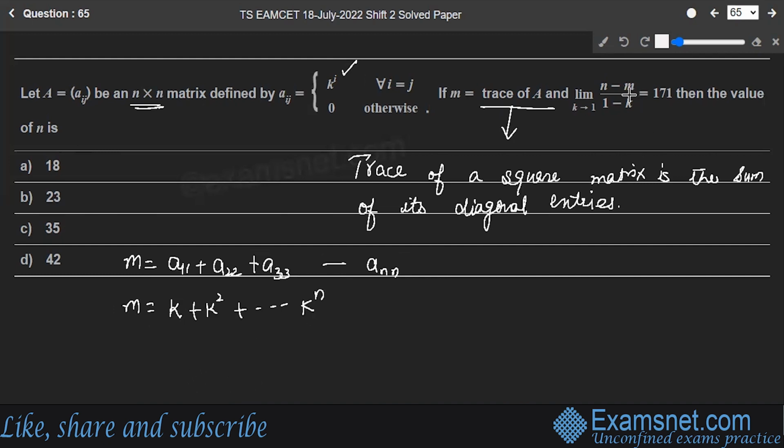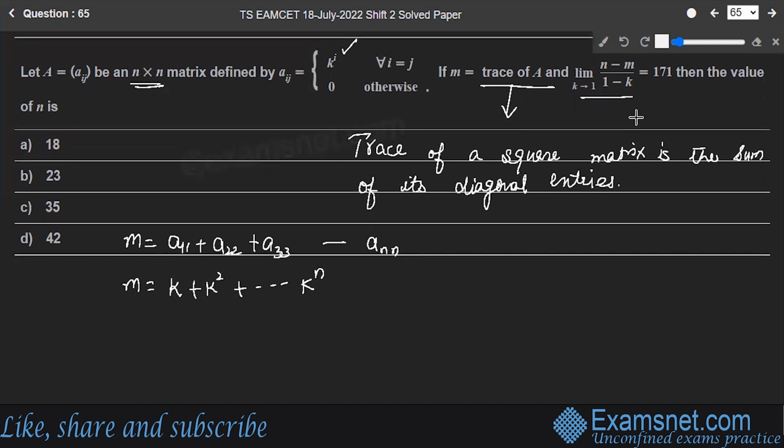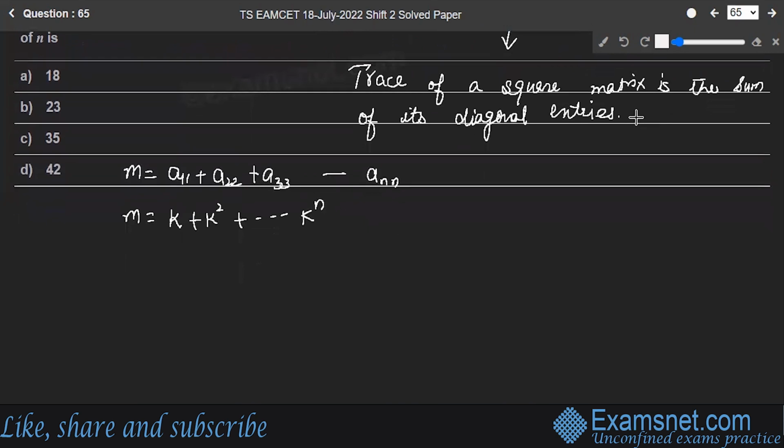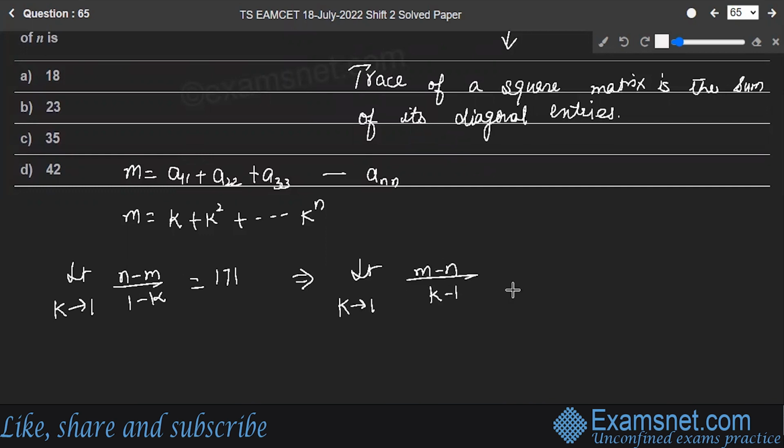Now, the third thing that's given is that the limit as K approaches 1 of (N minus M) upon (1 minus K) is equal to 171. You can also write it as the limit as K approaches 1 of (M minus N) upon (K minus 1) is equal to 171.